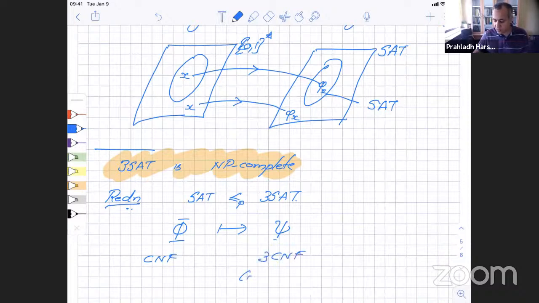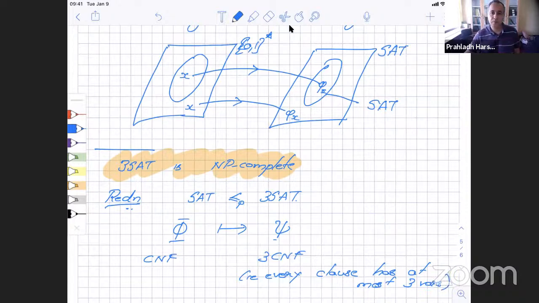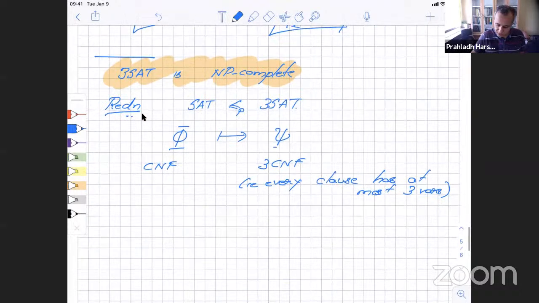That is, every clause has at most 3 variables. Okay. How do we do this? So let's take, say, phi was C1 and C2 and Cm.